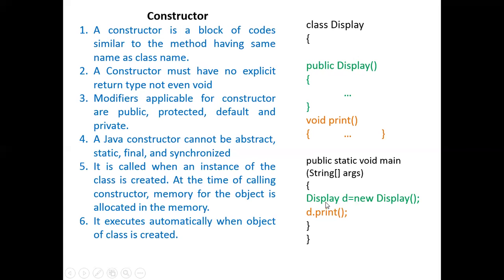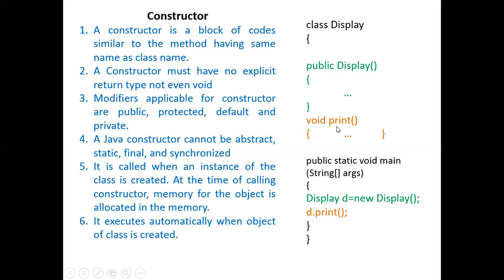So when we create an object of this class, this constructor is automatically called. At the time of calling the constructor, memory for the object is allocated, and it executes automatically when an object of the class is created.